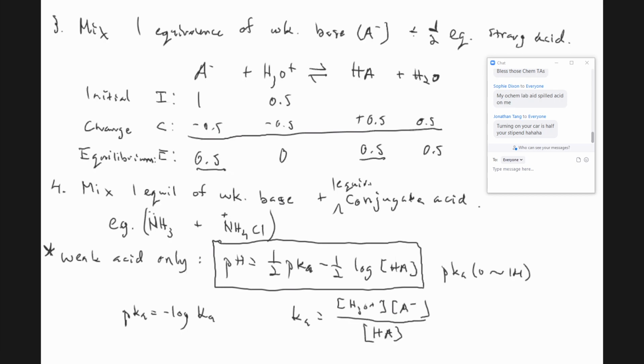And you would use pKa, find Ka, then use Ka to find your hydronium concentration, and then plug that hydronium concentration into pH equals negative log of your hydronium. Pain in the rear. This equation handles all of that. So much easier to do.